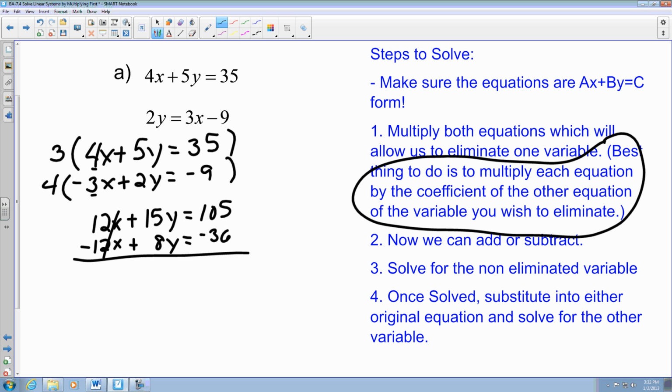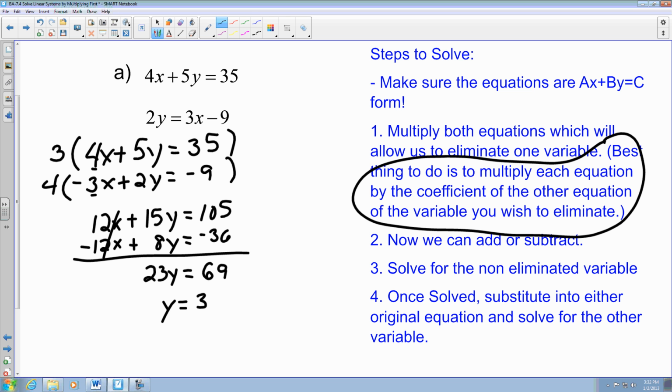So this becomes 0. 15 plus 8 equals 23y equals 105 plus -36, which gives me 69. If I divide both sides by 23, y equals 3.